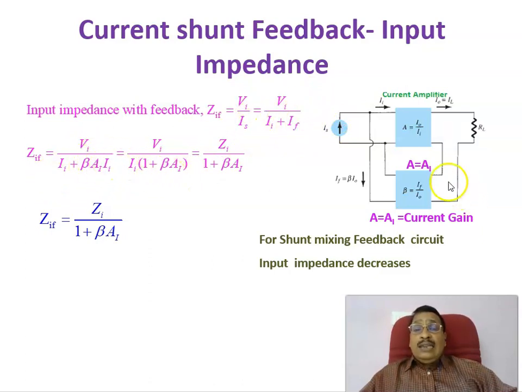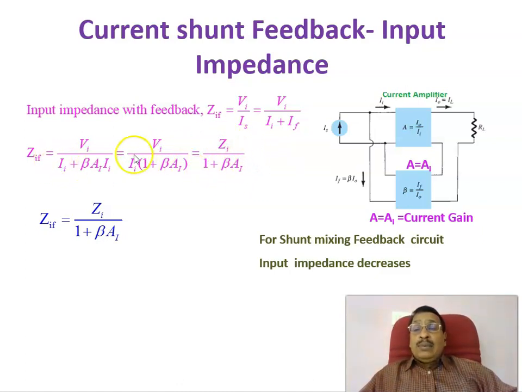What is IF? From this equation, IF is equal to beta times I0. Again, I0 is given by Ai times Ii. Substituting that, we get it equal to II into 1 plus beta times Ai, or the input impedance with feedback ZIF is given by the input impedance without feedback ZI, because VI by II equals ZI, divided by 1 plus beta Ai.